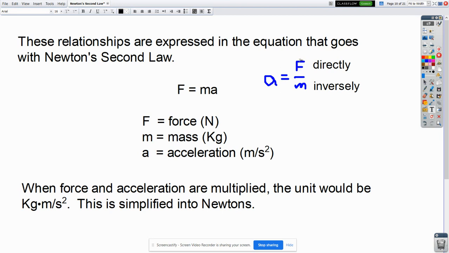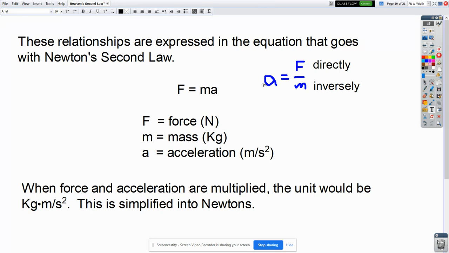Again, let's just imagine we have a force of 1 and a mass of 2. My acceleration is 0.5. If I have a force of 1 and a mass of 4, doubled my mass, my acceleration becomes 0.25. Doubling my mass would make my acceleration half of what it was. So that inversely proportional relationship is seen in that variable being in the denominator.